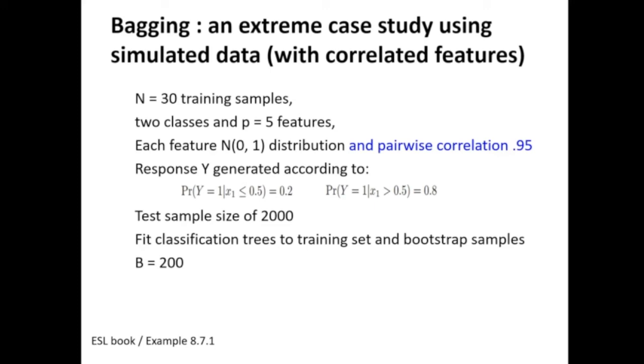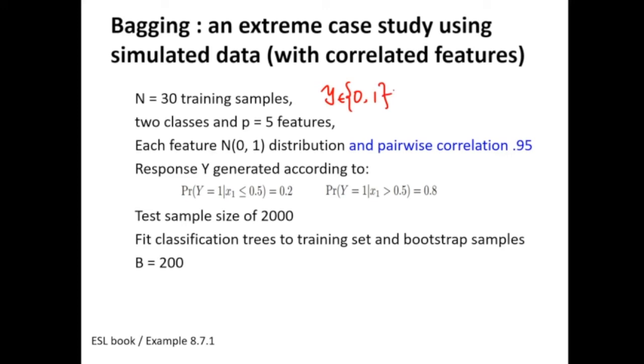So let's use a very extreme simulated data example to show you the behavior. Let's assume a super small training data with only 30 examples, or maybe 300. There are two classes, so y belongs to 0 and 1.